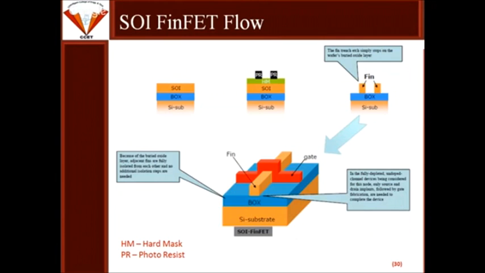So you can visualize that the 2 fins are created, but those fins are basically not connected to the silicon substrate. This kind of architecture is termed the silicon on insulator FinFET flow. And in that case, you can think of the whole device as being over the oxide material. Nothing is connected with the silicon substrate.